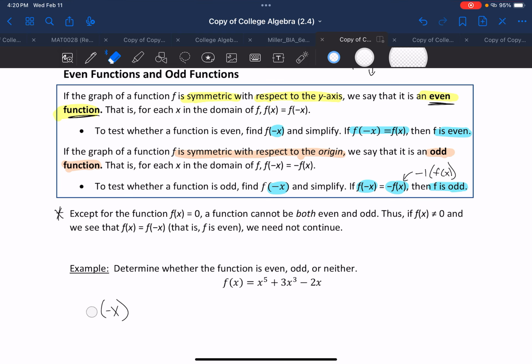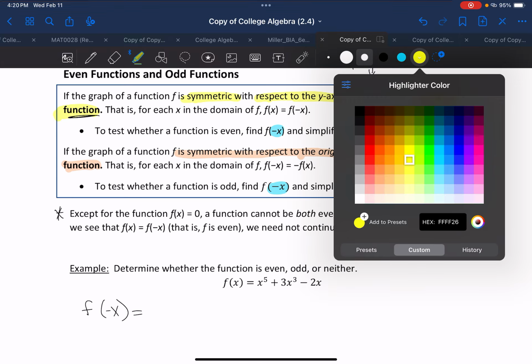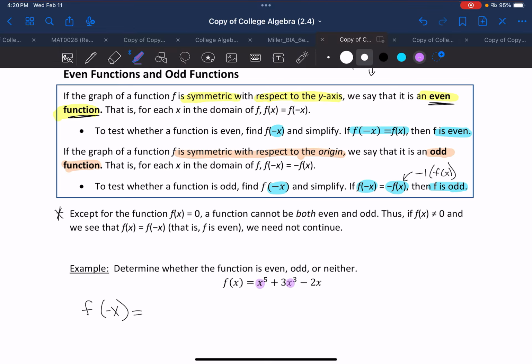And again, this notation tells me to plug negative x into this function everywhere I see an x. So this would be negative x all raised to the 5th power plus 3 times negative x all raised to the 3rd power minus 2 times negative x.